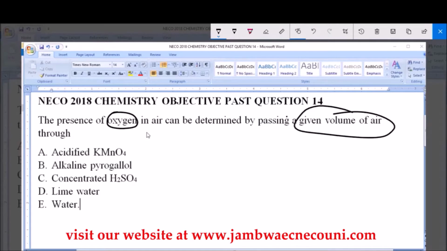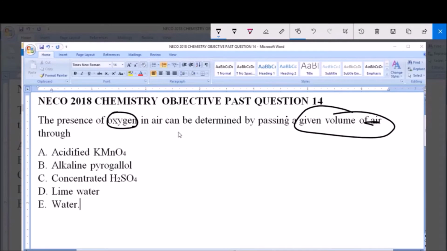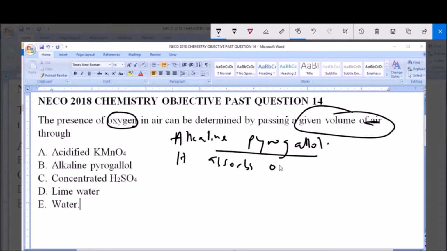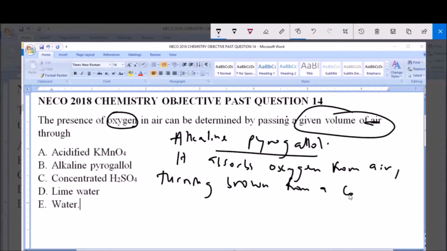How can you detect oxygen in air? So the test for this usually is done using alkaline pyrogallol. Alkaline pyrogallol is used for this experiment, and how it works is that it absorbs oxygen from air, turning brown from a colorless solution.